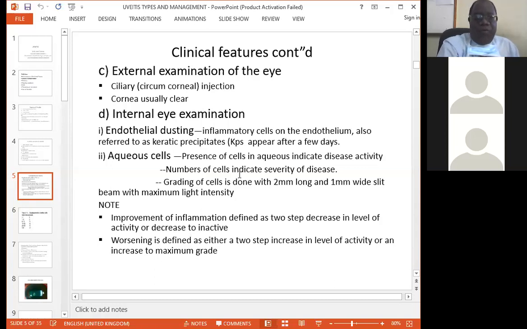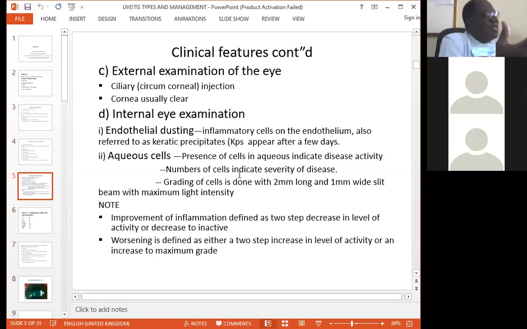Note, improvement of inflammation is defined as a two-step decrease in the level of activity or decrease to inactive. In other words, when you first assess that there is inflammation, maybe after treatment, you come again and you have to assess. If you think the cells have gone down, you can say there is improvement.